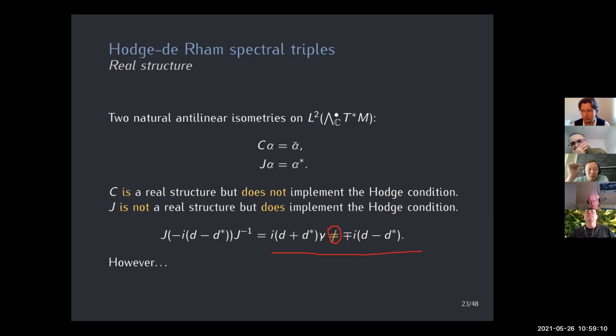You take a Clifford connection and then you contract with the Clifford action. So if we choose the standard Clifford action acting on differential forms, in particular, this Dirac operator agrees with D plus D star or D minus D star, depending on the convention.